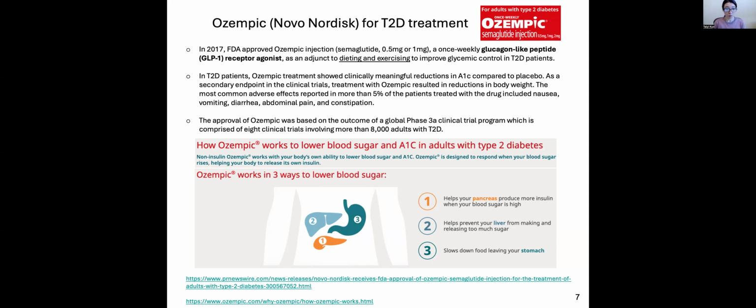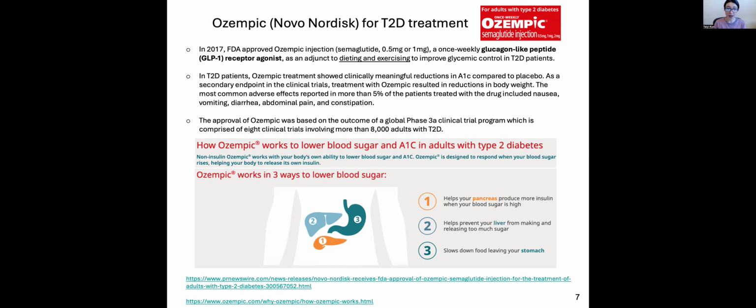So what's so good about this Ozempic treatment? In their clinical trials for type 2 diabetic patients, the Ozempic treatment showed a meaningful reduction in their HbA1c. So we know what HbA1c is. It is the glycated hemoglobin, which serves as a proxy for a prolonged glucose level in the blood.